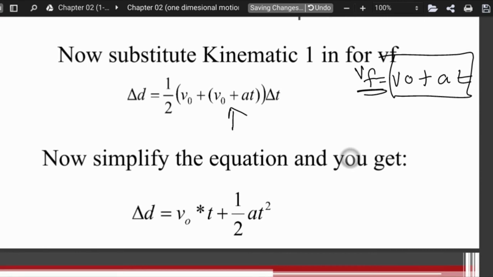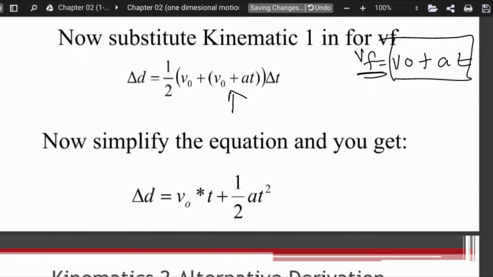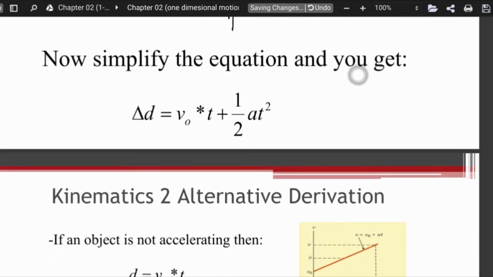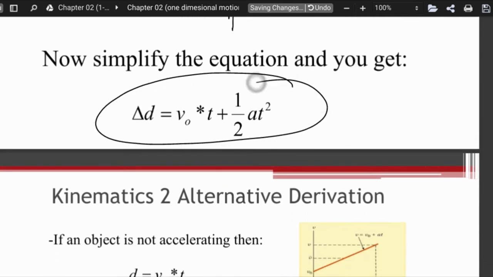From here, it's just pure algebra. Simplifying, we distribute the t through each of the terms. We distribute the half through each of the terms, and what we end up with is this equation, which is what we call the second kinematic.